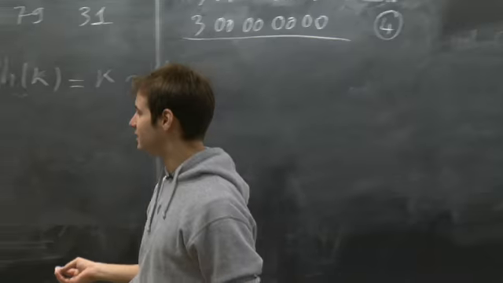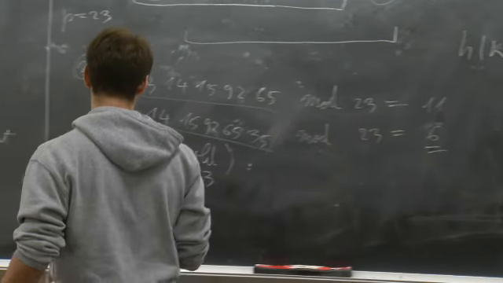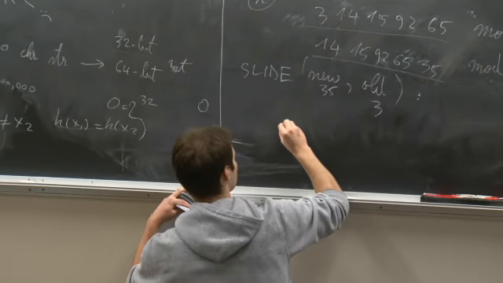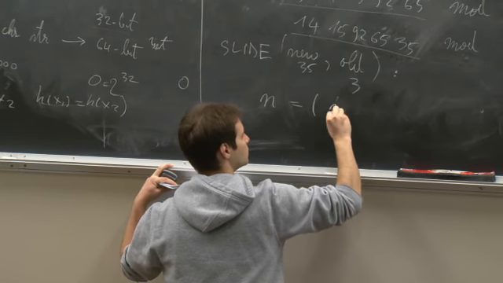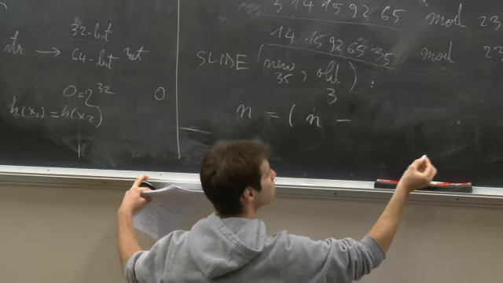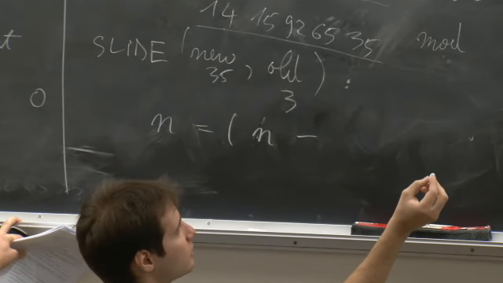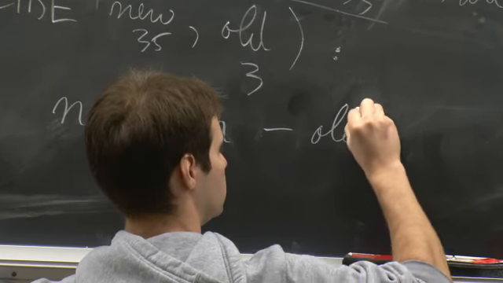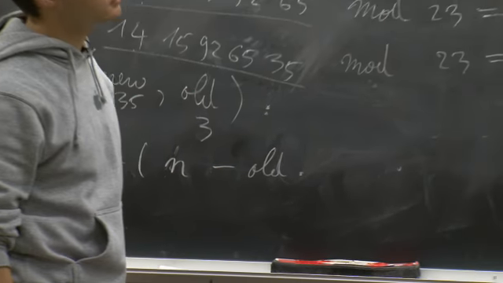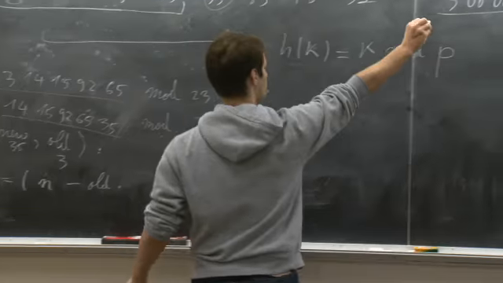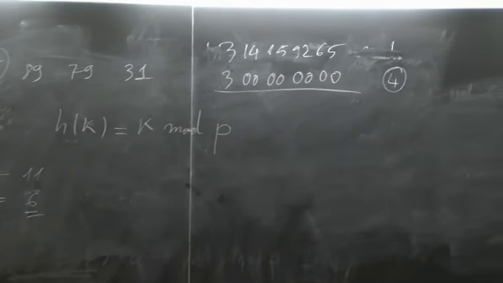So let's try to write this in a more abstract way. n is the old n minus old, that 3 is old, times what do I have to multiply it by to get all those zeros?